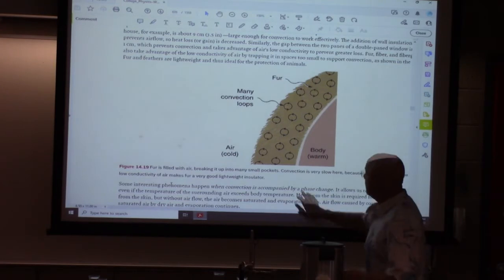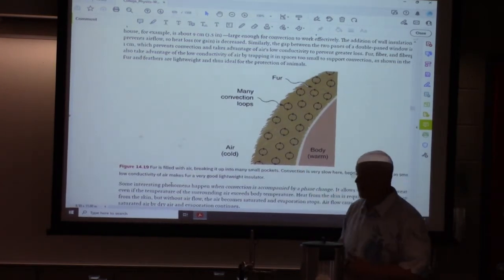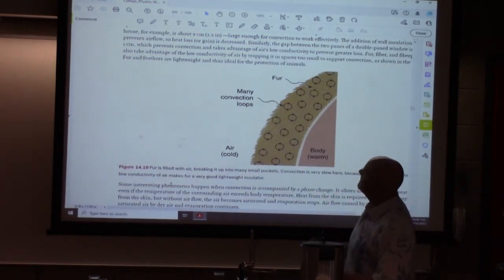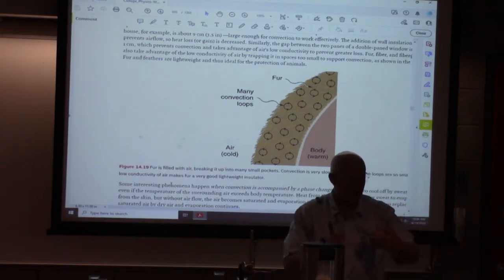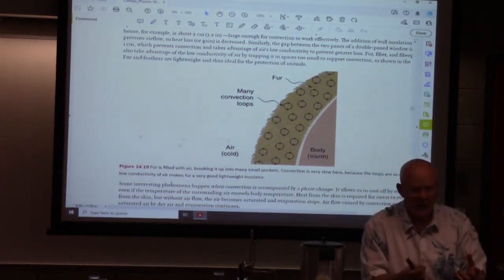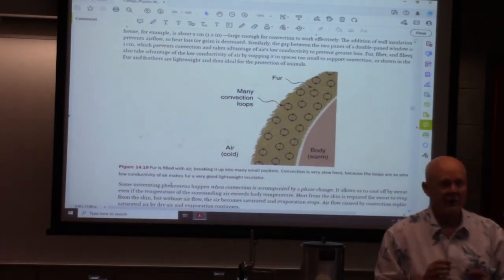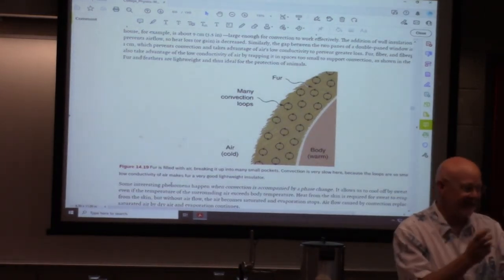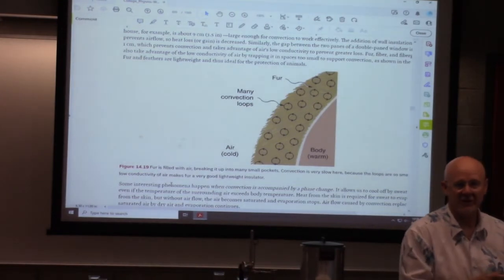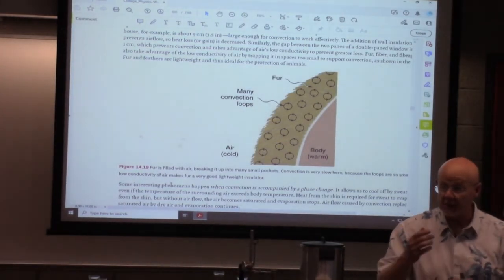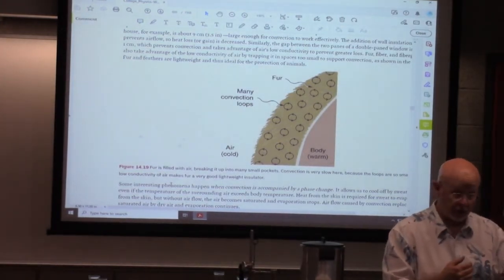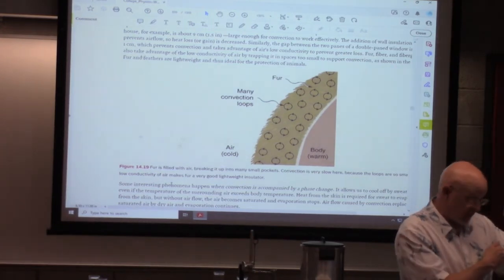And fur is amazing for these two properties. One, and let me not take the time to go back to that chart of thermal conductivity, but if you look at the thermal conductivity, air is one of the least conductive materials there is. So it's kind of hard to transfer the energy between two objects when there's air in there.